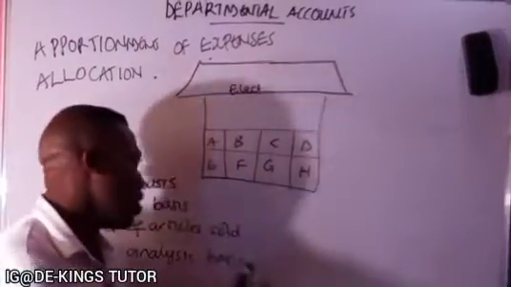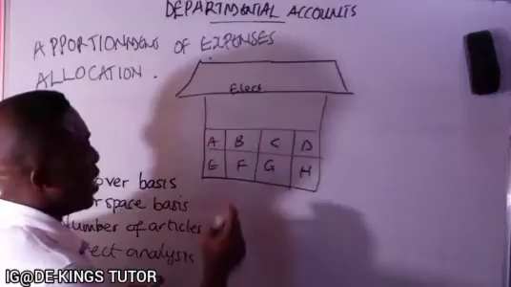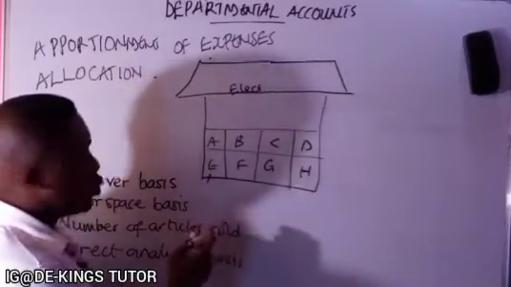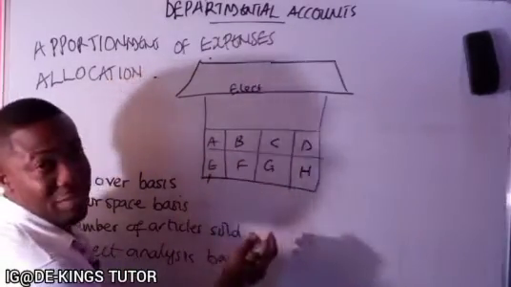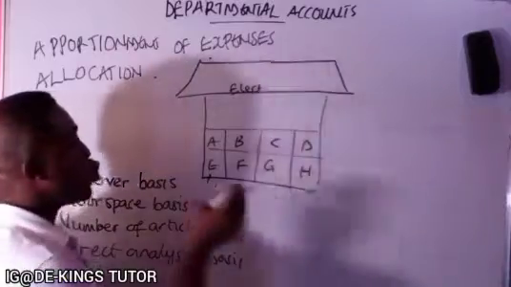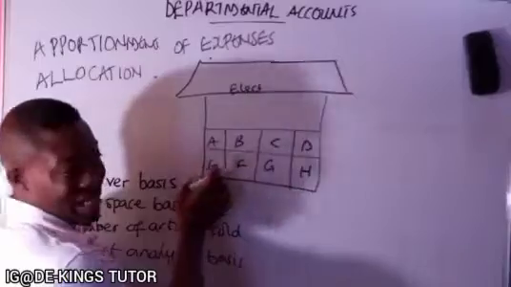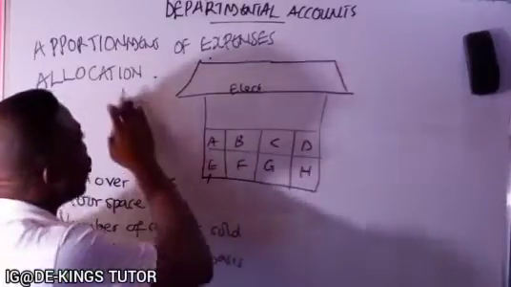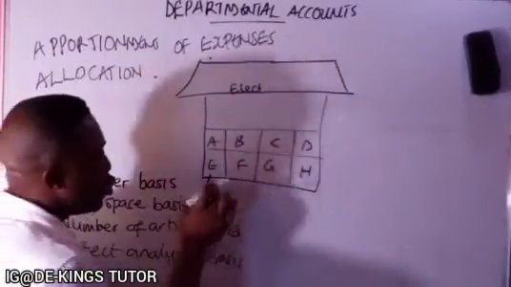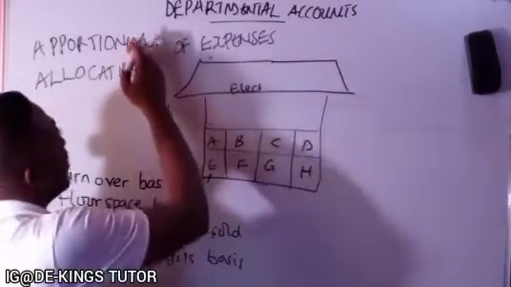For instance, if we have carriage inward that was enjoyed by E alone, it cannot be shared by other departments, because they brought goods to E. That carriage inwards is an expense designated for only E, so it is allocated to E. That's the difference from apportionment.